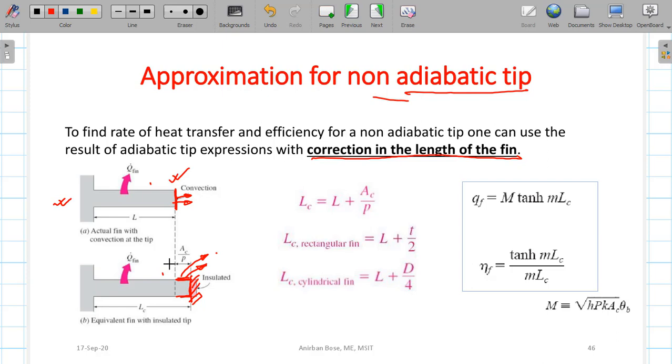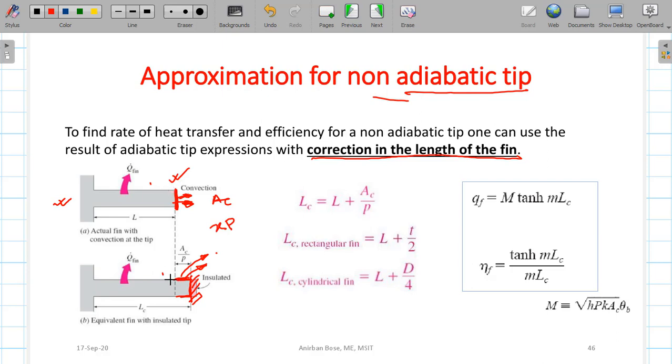So what is the amount of convection taking place through that area? That area is AC. Okay, so through that area AC convection is taking place. So what has been adjusted actually is that you have increased the length by, say, x, and this x into perimeter is basically the surface area.